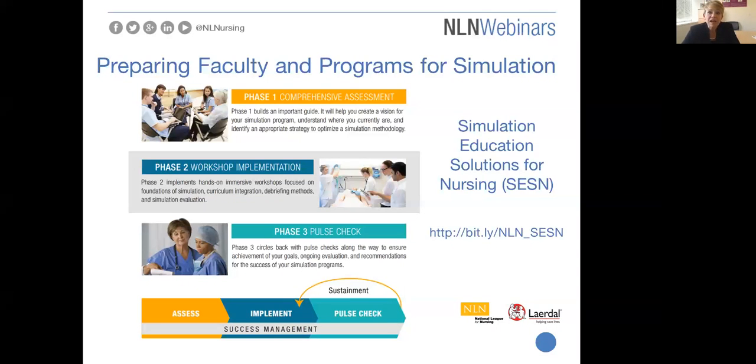So the goal being that by the end of this workshop, you leave with a curriculum map that has identified how you're going to use sim, where it's going to be used, learning outcomes for the sim align with the course and level, and you begin to identify evaluation mechanisms within that curriculum.